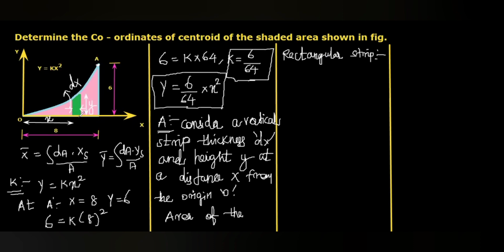Here the linear horizontal dimension is the thickness dx. Vertical dimension is y. So area of the small rectangular strip, it is small, so we are going to consider it as dA, that equals y multiplied with dx. Okay, the vertical dimension multiplied with the horizontal dimension.